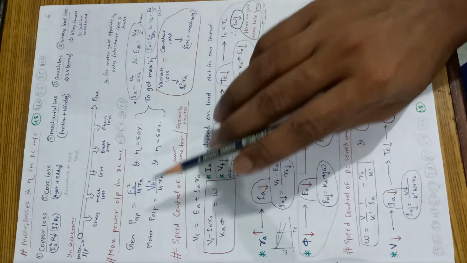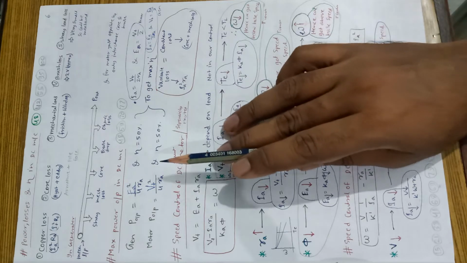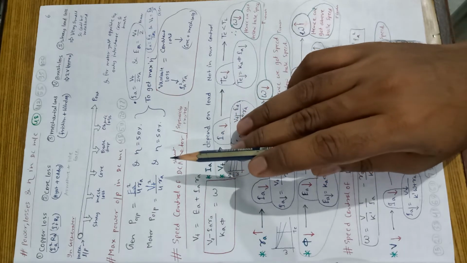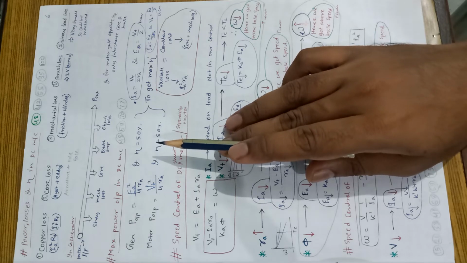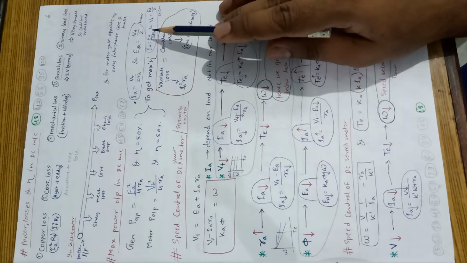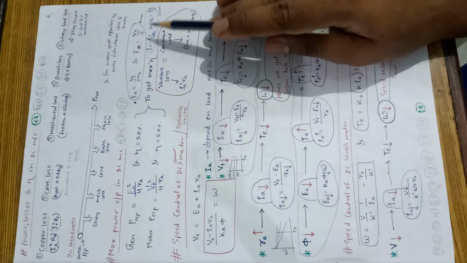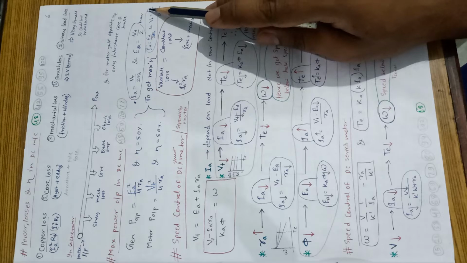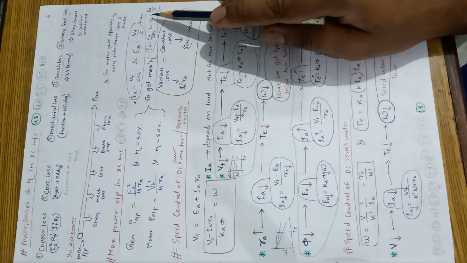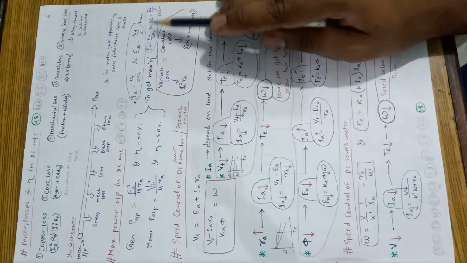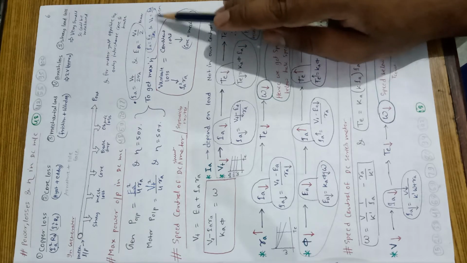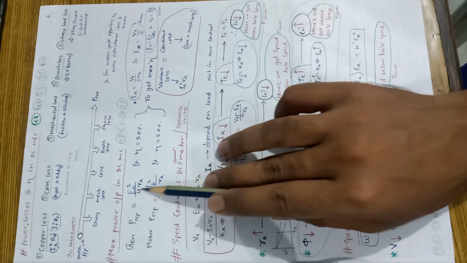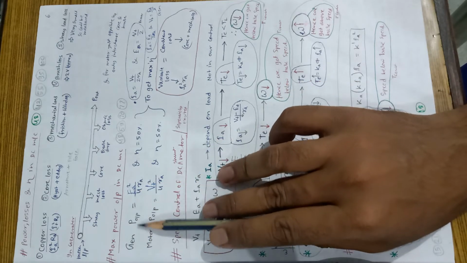For the maximum power output condition, Ia is equal to Ea upon 2Ra and Vt is equal to Ea upon 2. When we multiply these two we get Ea square upon 4Ra for the generator.